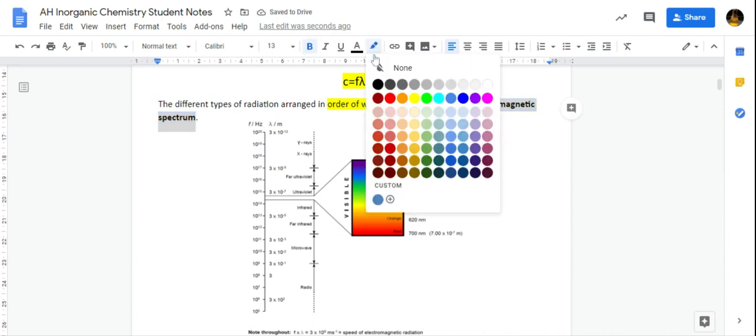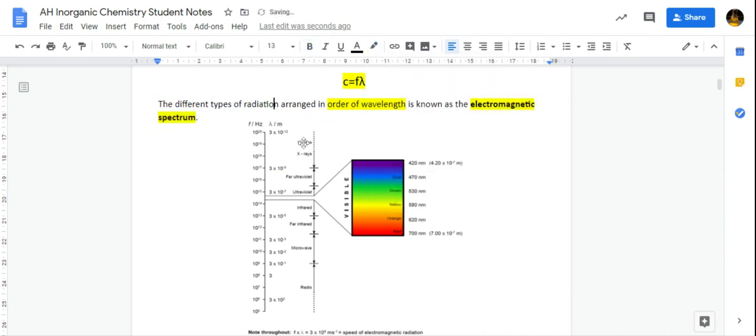For Advanced Higher Chemistry, you need to know the key types of radiation found in the EM spectrum. So we've got gamma rays, X-rays, ultraviolet, visible, infrared, microwave, and radio.